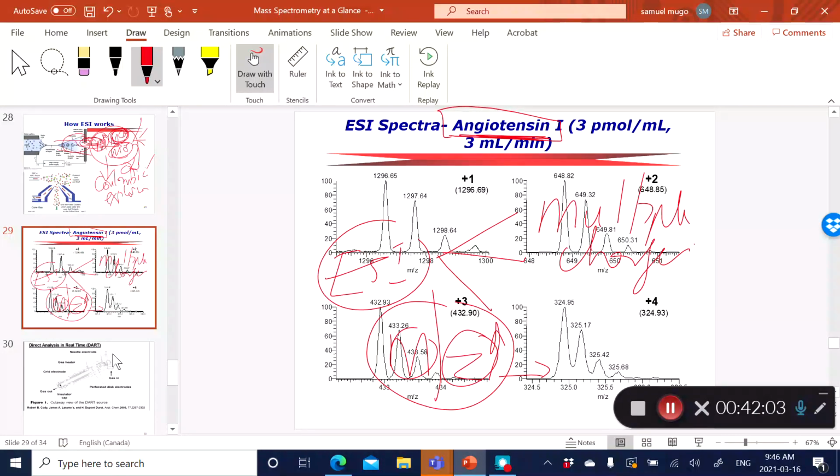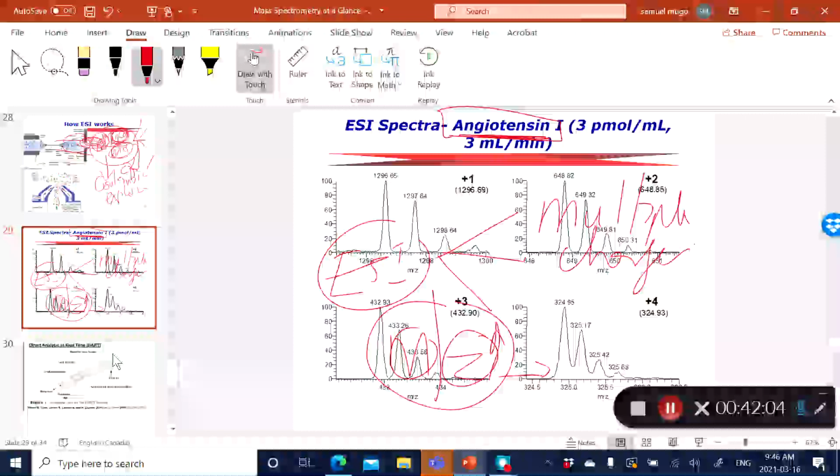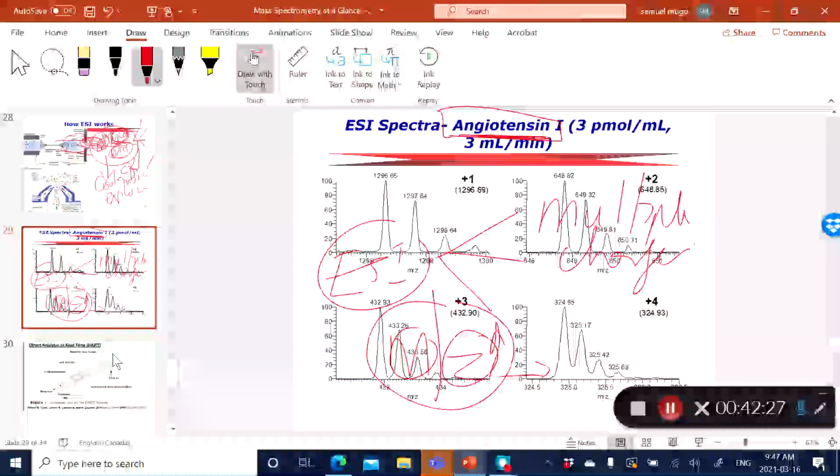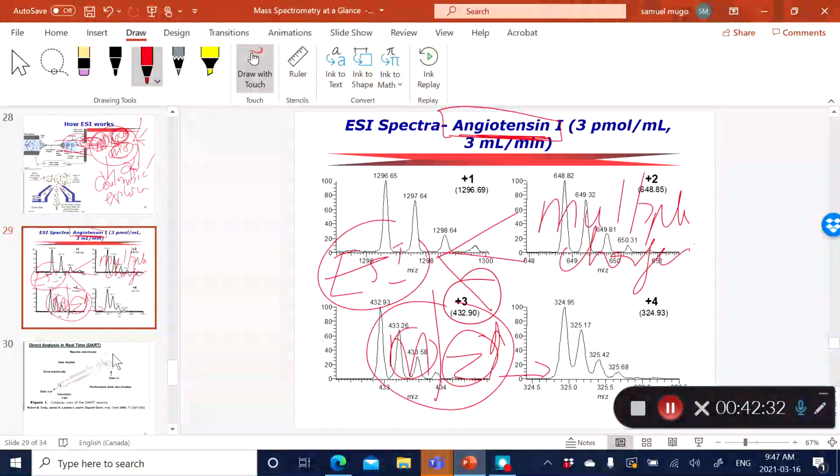And that's a good thing, because you're then able to get good resolution of even very big molecules, because the charge increases and so the mass to charge decreases. And so you can actually use different types of mass analyzers that are often limited if you've got a very high mass to charge species. So a huge advantage of ESI is that it tends to form multiple charges.